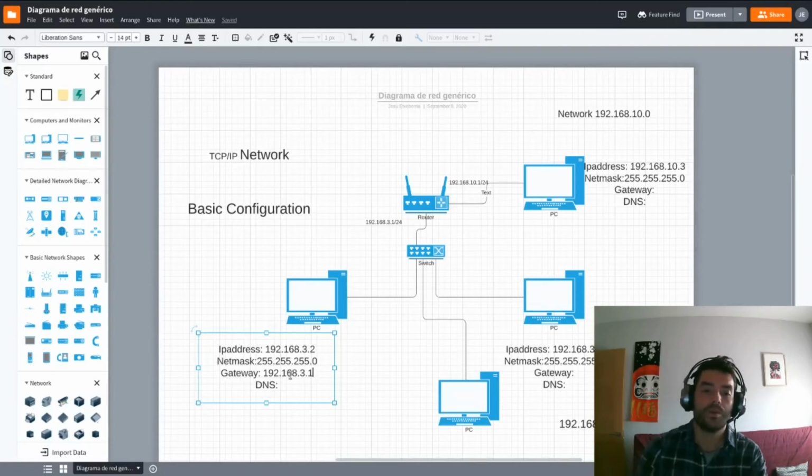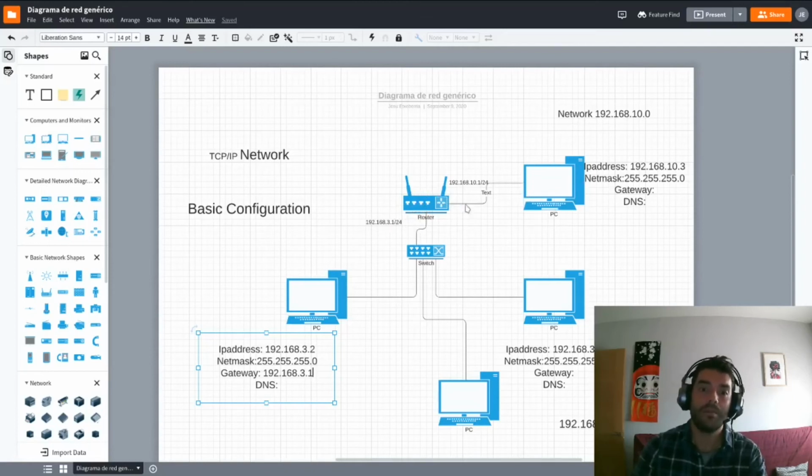Okay, so when this computer tries to go to the 192.168.10.3 computer, it wants to go here, but it doesn't know where it is. You say, well, go to the gateway, and this gateway, which is in its own network, knows how to make a little jump to this network. But that depends on the configuration of this machine. Okay, so the router will tell how to go or where to go.